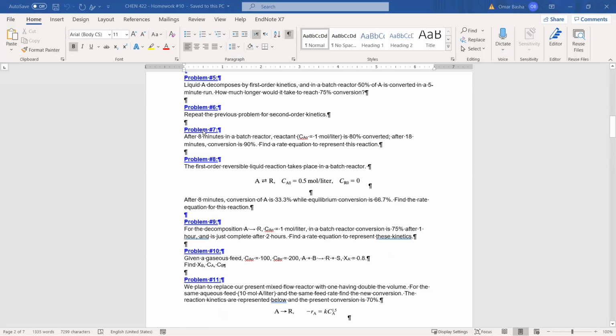After 8 minutes in a batch reactor, a reactant with an initial concentration of 1 mole per liter is 80% converted. After 18 minutes, conversion is 90%. Find the rate equation to represent this reaction. Again, we're still in the chapter where we're trying to interpret batch reactor data.